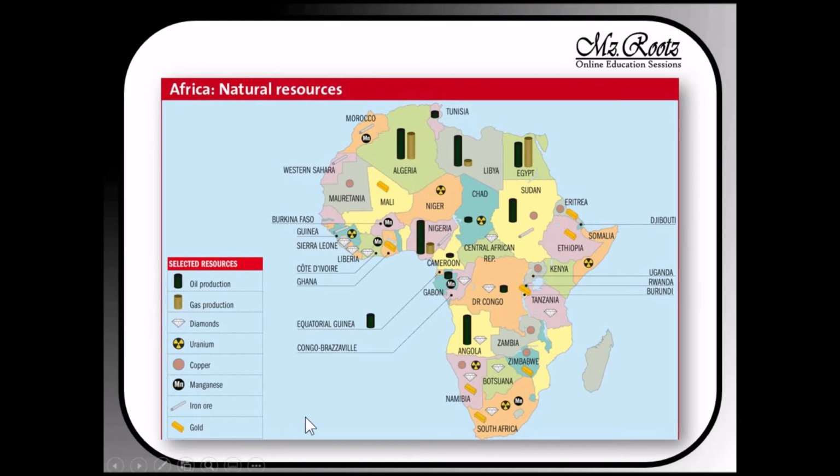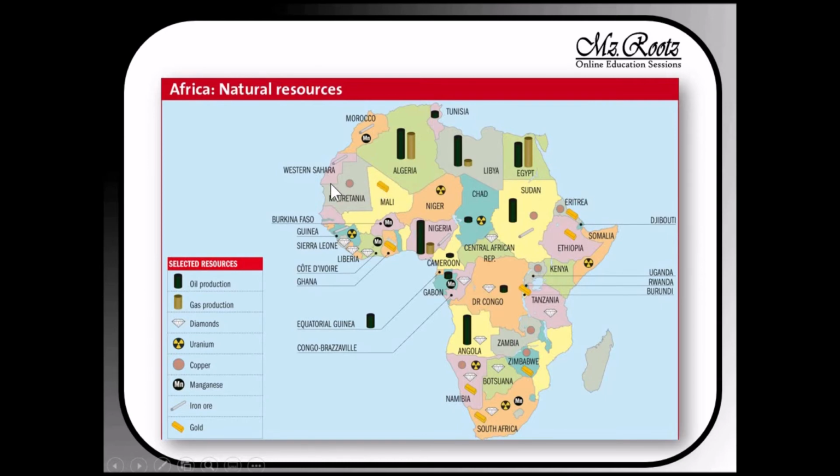So we can see in the desert areas, we have a lot of oil and gas production, predominantly. We also have oil and gas production on the west coast, here in Nigeria for instance, but the predominant production of that natural resource occurs in the desert.